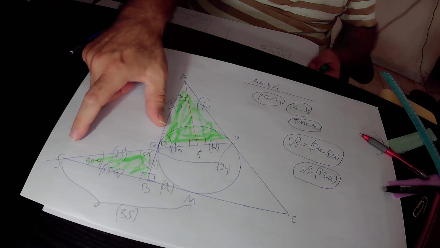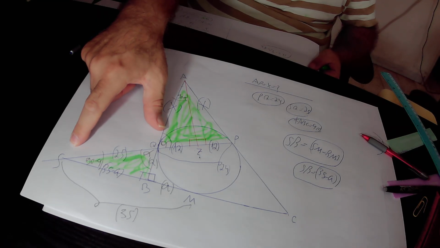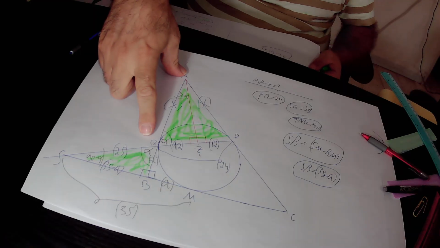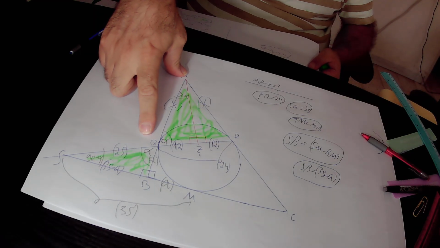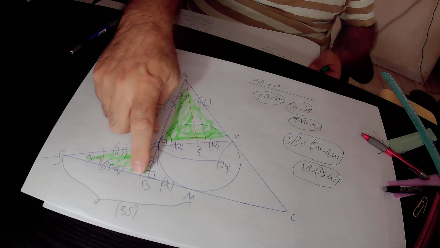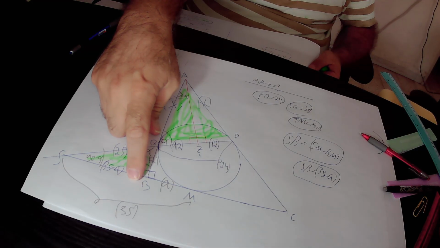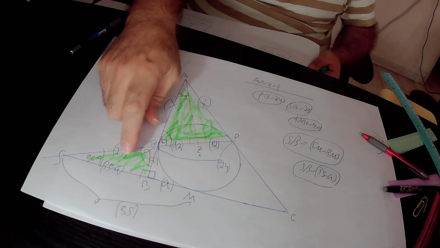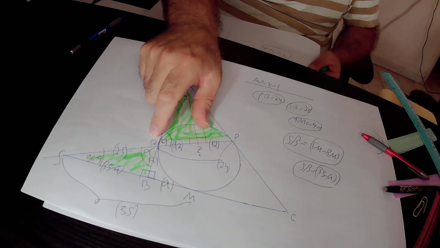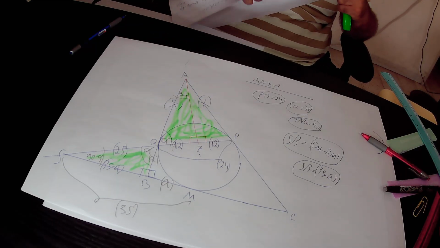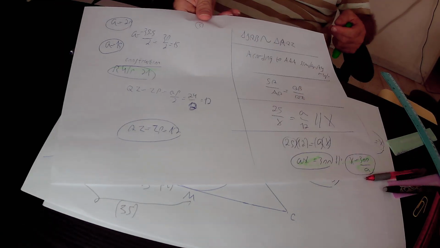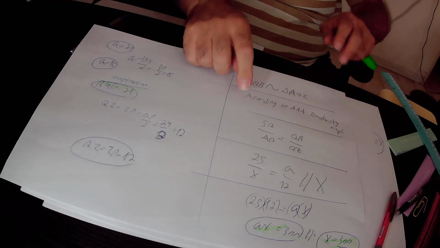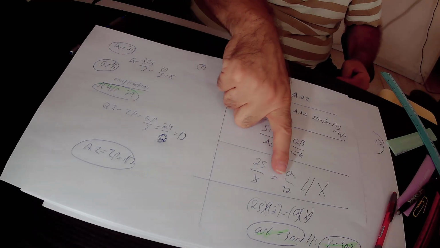SQ is 25, over AQ, which is X, and this equals QB, that is A, over QZ, that is 12. So we find that 25 over X equals A over 12.